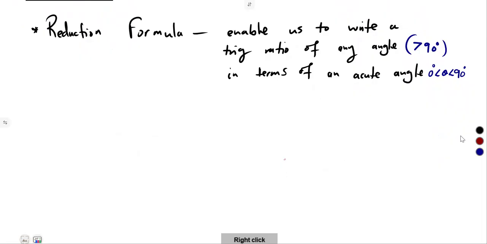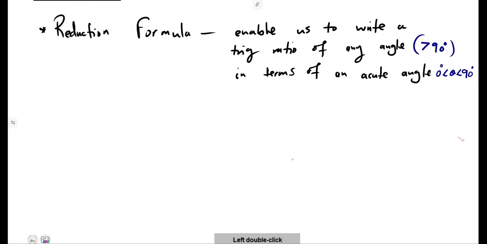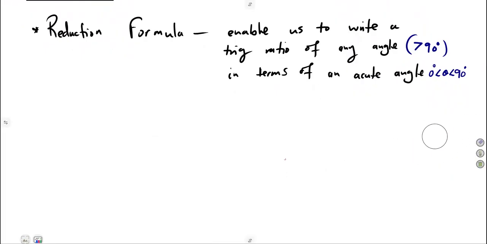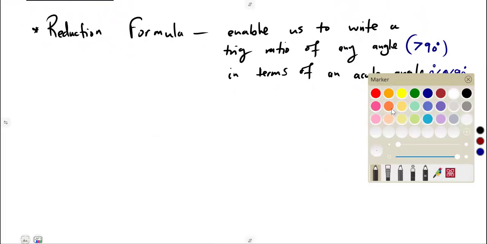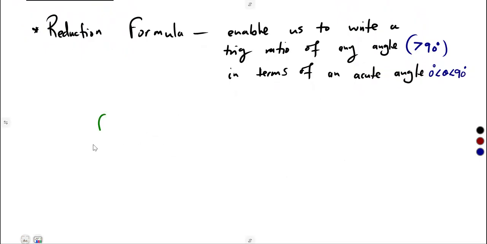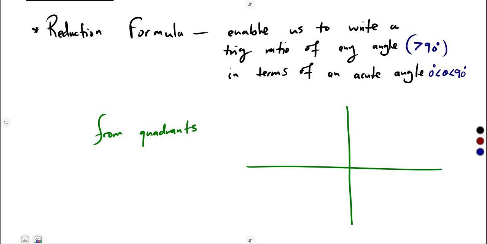That's the word from the quadrant concept, dividing these into 4 equal parts. So from our quadrants, we are going to subdivide this into 4 equal parts, where we have the first, the second, the third, and the fourth quadrant.